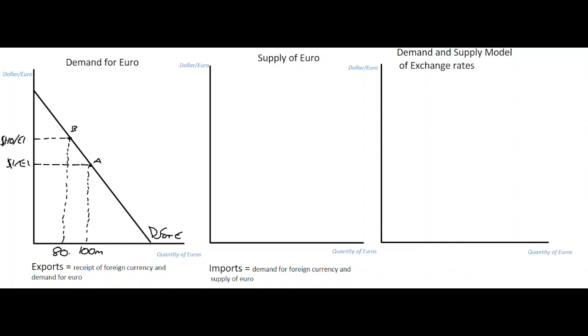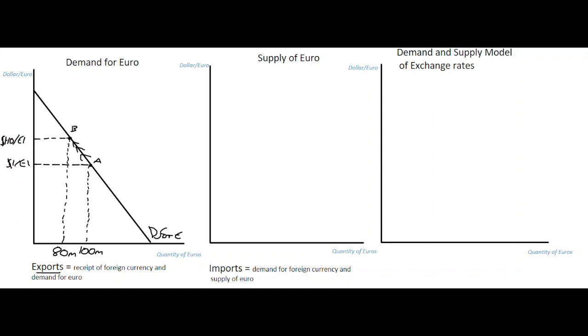So why is the demand less for euro following an appreciation, an increase in its value? Well, this is linked into the idea of exports, and exports are a receipt of foreign currency and the demand for euro. So what is happening in this case is, as the currency appreciates or gains in value, the goods that are being exported from the euro area are more expensive.